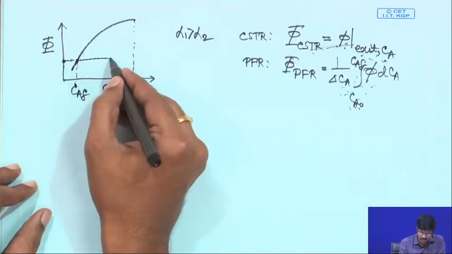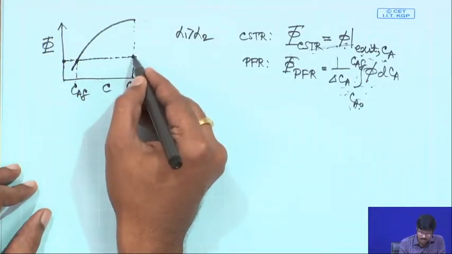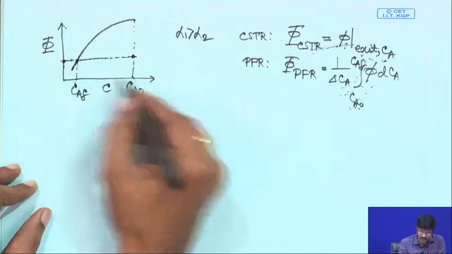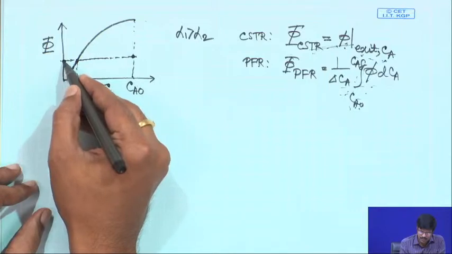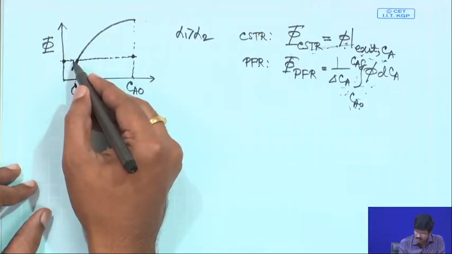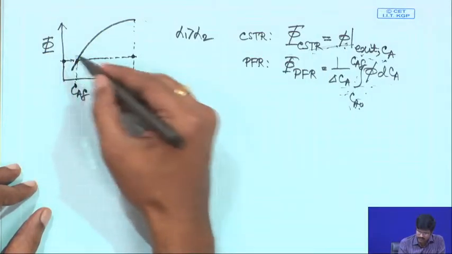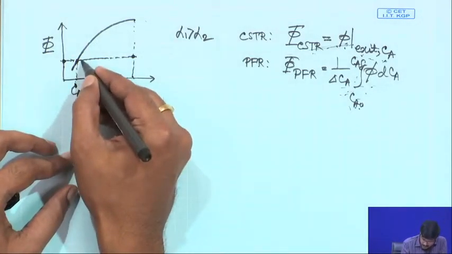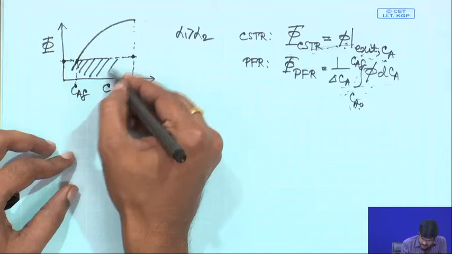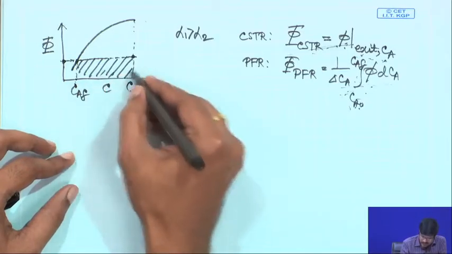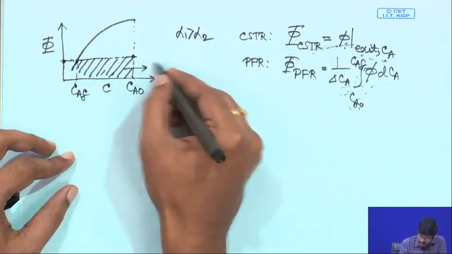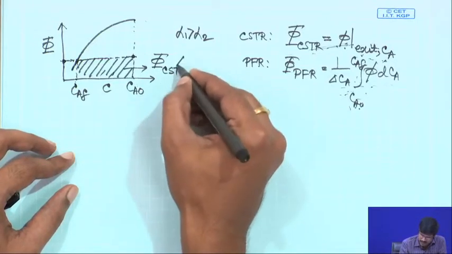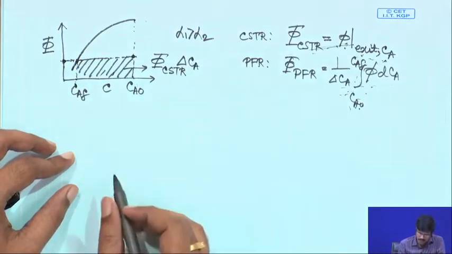So, whether you are looking at this point or this point, your yield will be given by this particular value here. So, you see here, this area will be equal to your phi CSTR into delta CA.